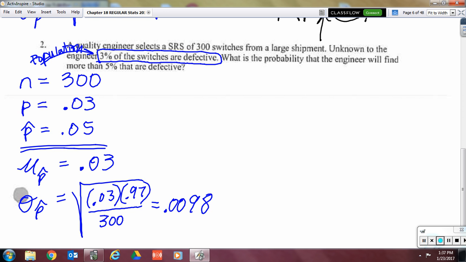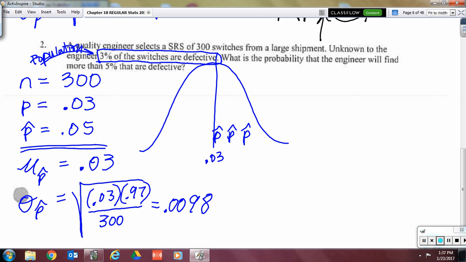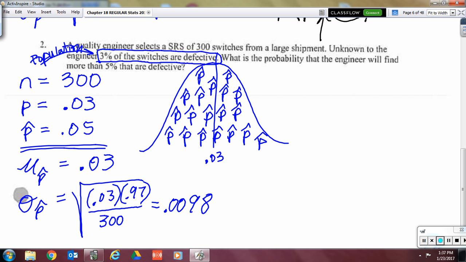All right. So let's draw a picture of what this question's saying. Why do we get all these different p hats? Because of what? Yep, because of sampling variability.